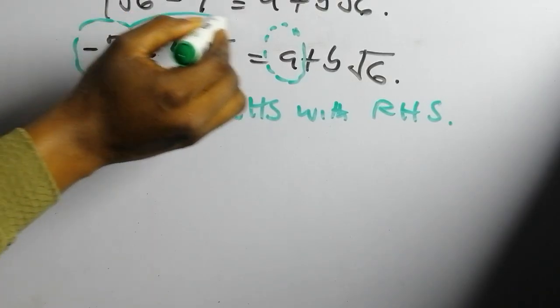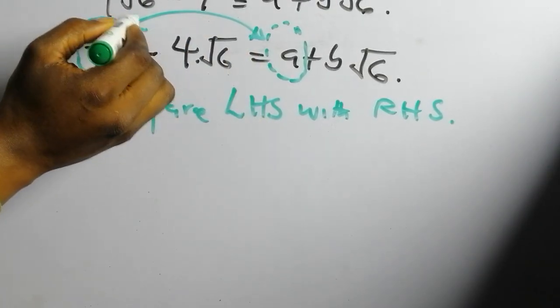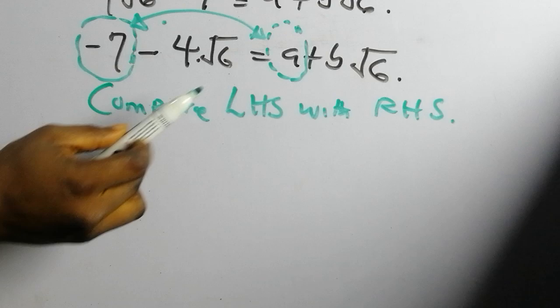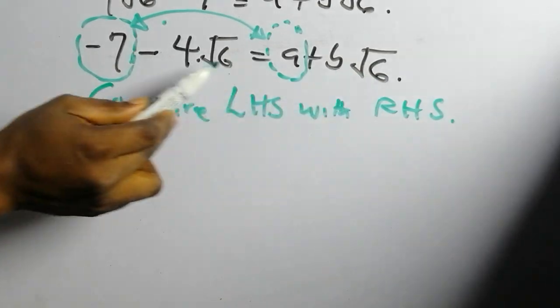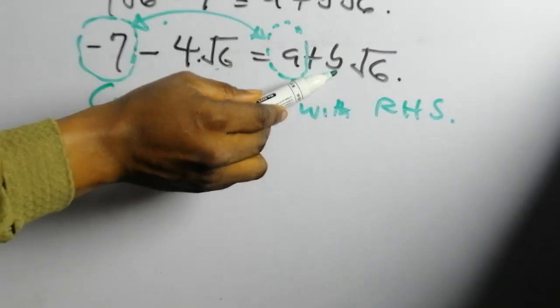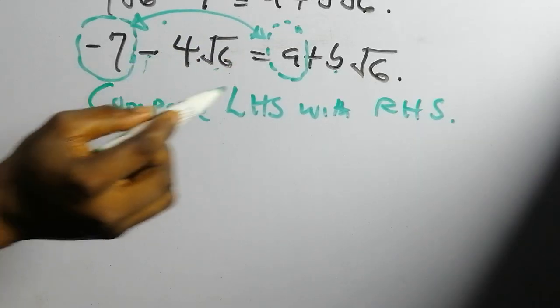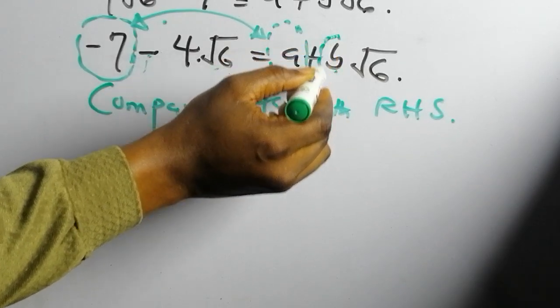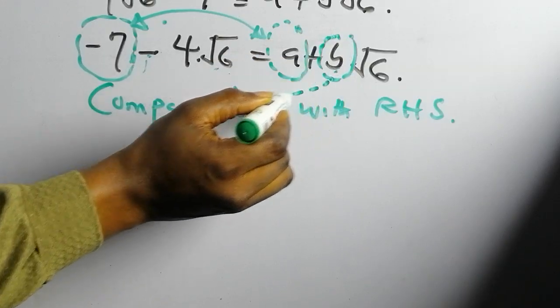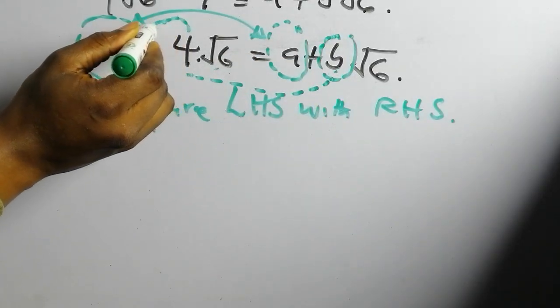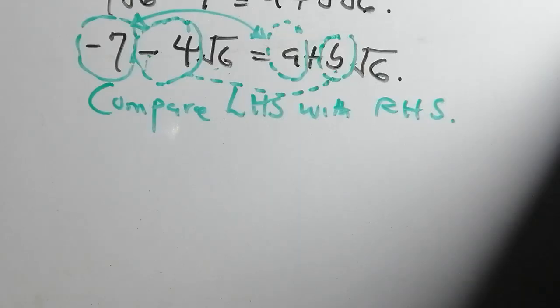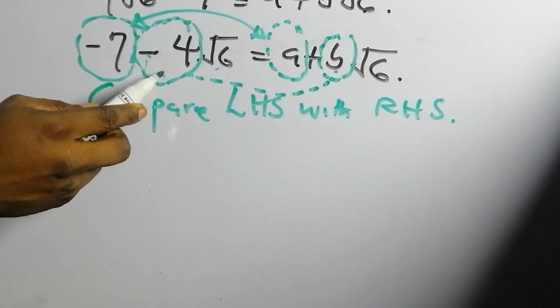When you compare, my A is automatically this. Look at this, root 6, root 6. You have your B, and I've told you anything on the right hand side, 4 root 6, is the owner of this sign. So my B here is automatically this. It's as simple as that.